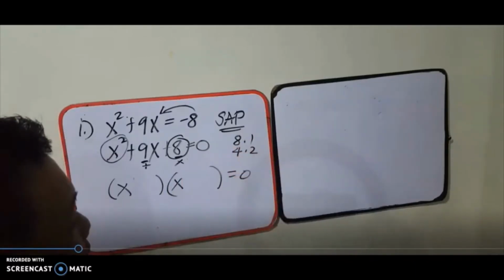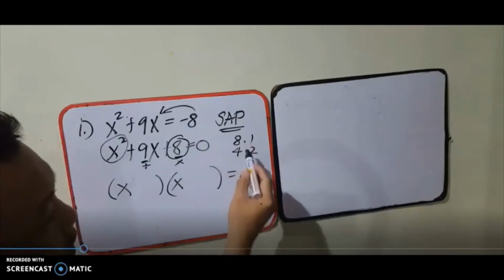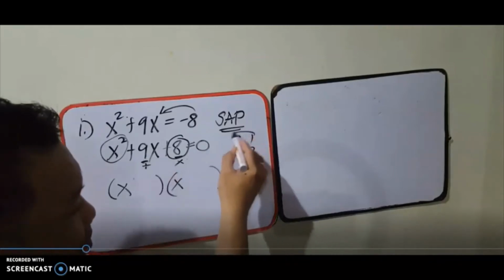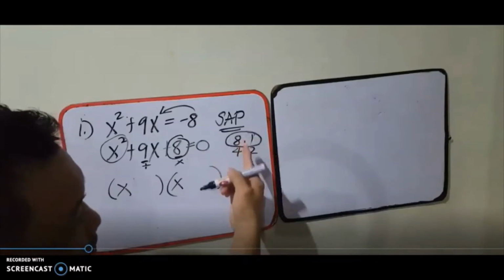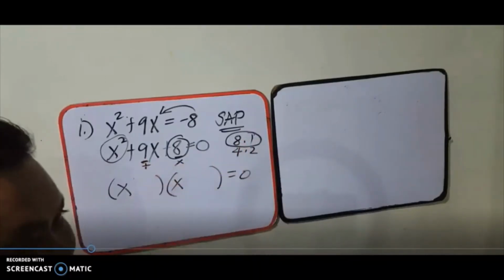Since both of them are factors of 8, we are just going to think of the right factors for it. Which of these two factors when added, the sum is 9? Obviously, that's 8 times 1. So we're going to use 8 and 1 as the factors of 8, and added the sum is 9.